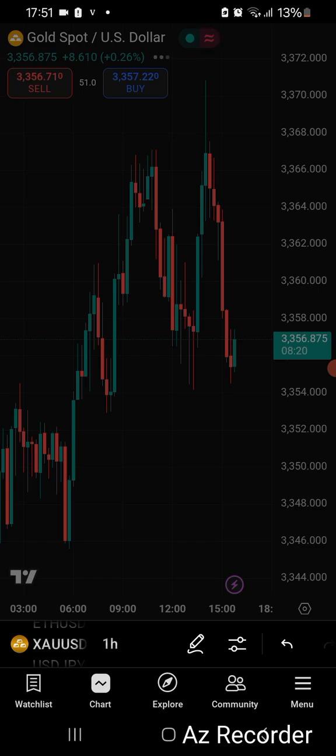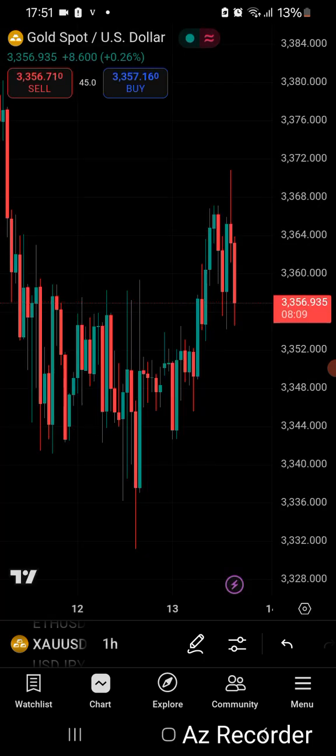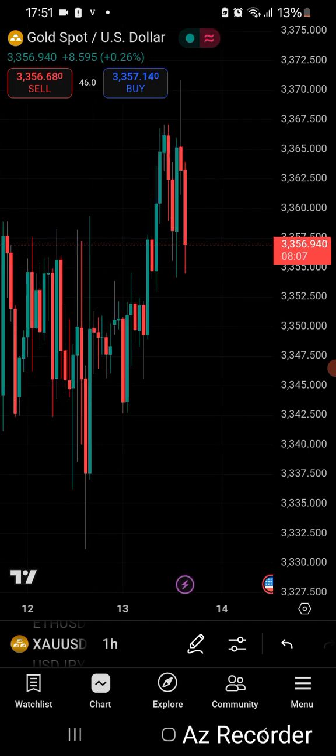For example, I will take a look at the 1 hour chart to see if the move is going to be strong in the minute charts, namely 5, 15, and 30 minutes.